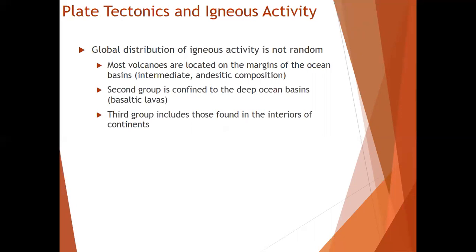And the ones that are found on the margins of your ocean basins tend to be intermediate or andesitic in composition. Those that are confined to the deep ocean basins tend to provide your basaltic lava flows. And then the third group are those found in the interior of the continents. We're going to see briefly how these look.